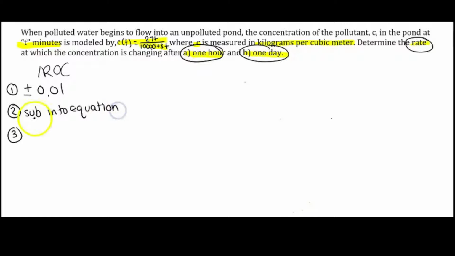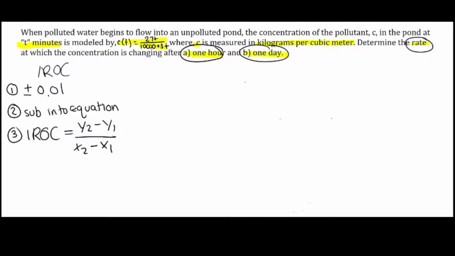Lastly, we will take those 2 coordinates to sub into the IROC formula, which is y2 minus y1 over x2 minus x1. And from this, you'll find the instantaneous rate of change.